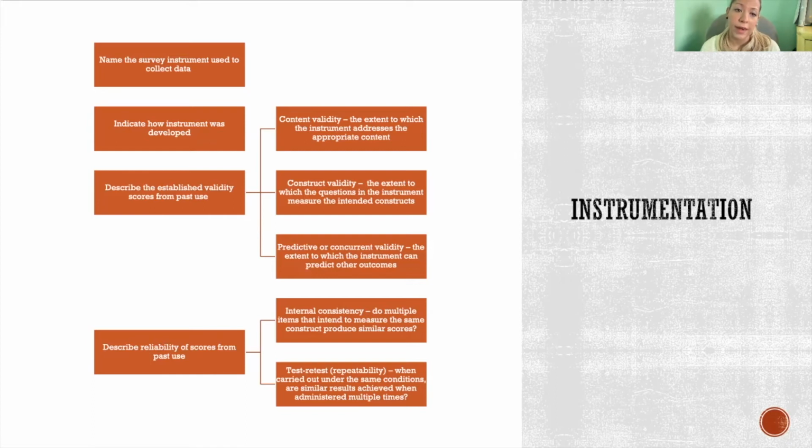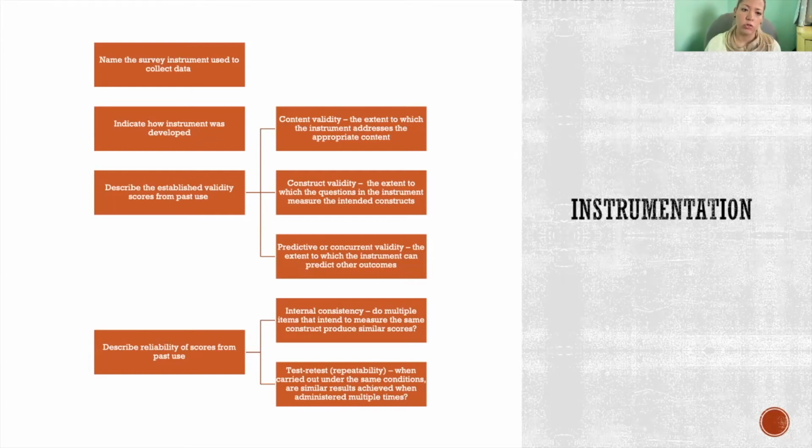You would start by naming the instrument. So state what instrument you plan to use. You would give credit, of course, to where that instrument originated. Depending on the instrument, you might need permission from the original creator of that instrument. It could be copyrighted and somebody might own the right to use that instrument.